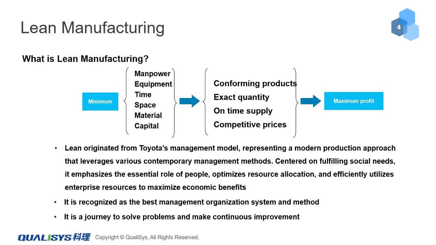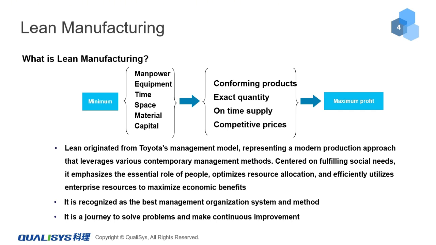And we know that lean originated from Toyota. Toyota's manufacturing process is the most efficient and the output is the best quality. So Toyota has been doing this for a long time. And the Western world was wondering, how come Toyota can make such a good product with such an efficient process?